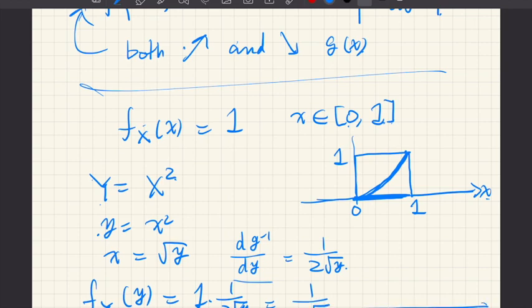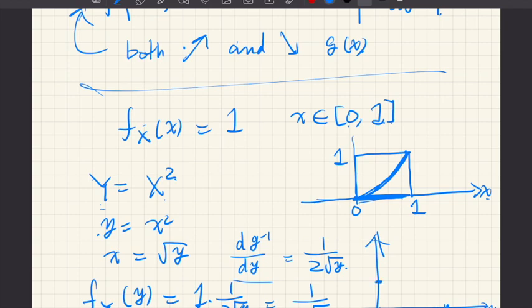And it should look like y, and obviously, if x moves between 0 and 1, y moves between 0 and 1, right? So 0 and 1. And what does it look like? When y is 0, it should explode to infinity. And when y is 1, its square root is 1, so it should be 1/2.